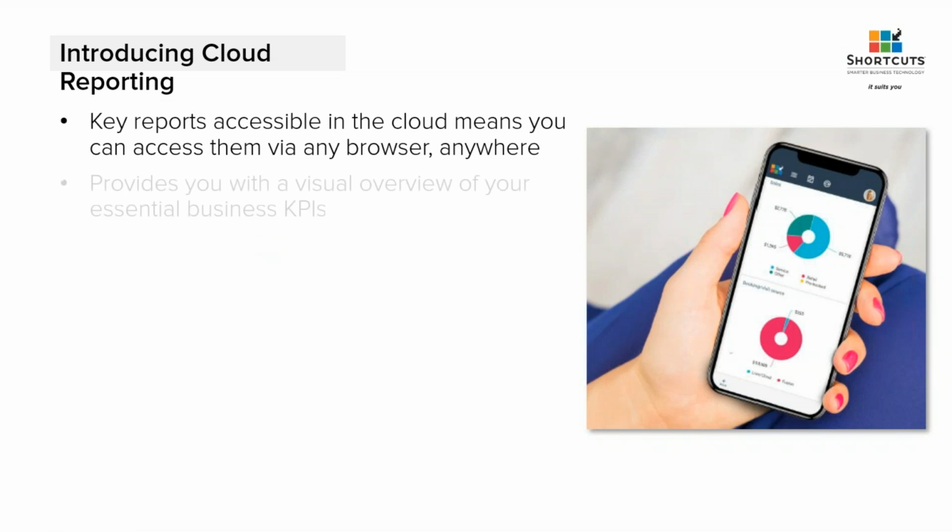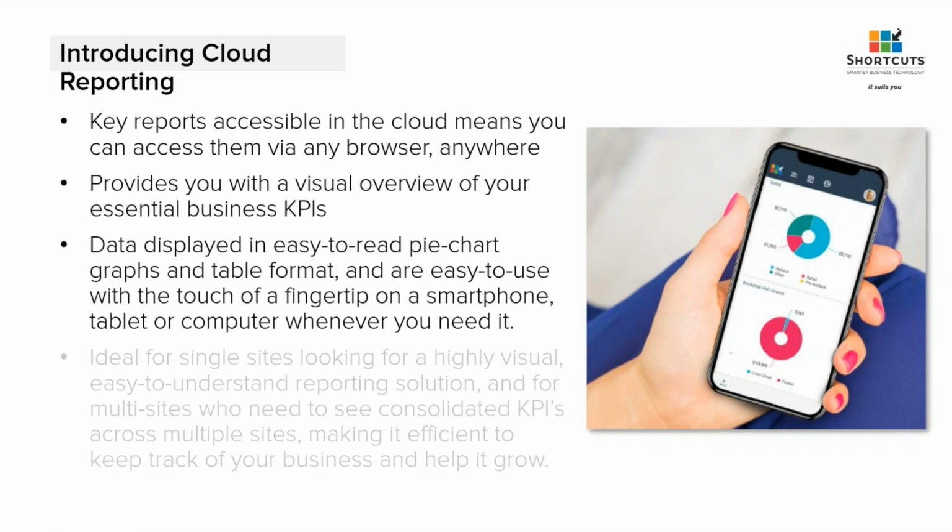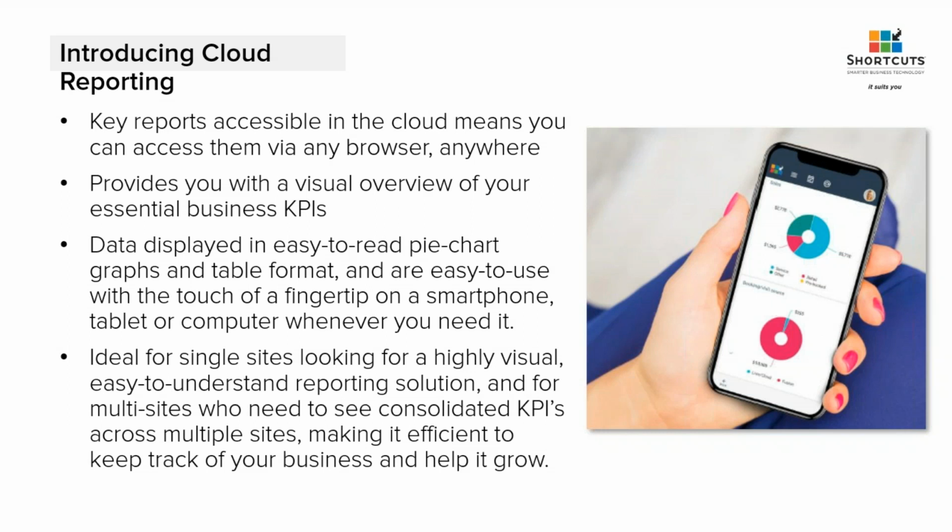The other advantage of the cloud is if you're working remotely, if you're at home and you need to see the numbers for the business, well, of course, you don't want to necessarily run back to your shop to try to get those details. The most important reports, the most important data for your business are actually available on the cloud now.